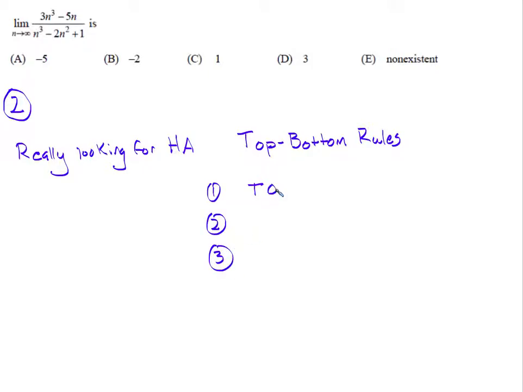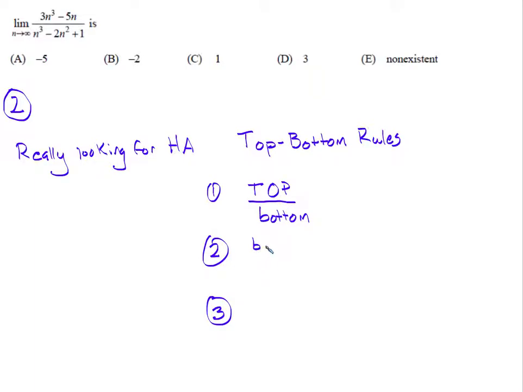Case 1 is where the exponents on the top are bigger than the exponents on the bottom. That is not this case because both of these exponents happen to be the same. I'm just looking at the largest exponent here.